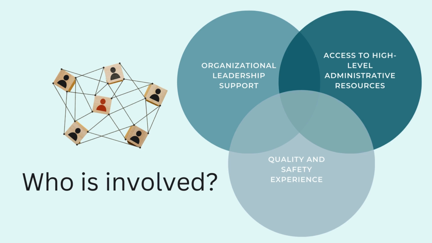Ideally, they would have appropriate clinical experience or broader experience in quality and safety. It is important to engage decision makers and influential healthcare workers early on in the planning process. This is to maintain their engagement during implementation and beyond.